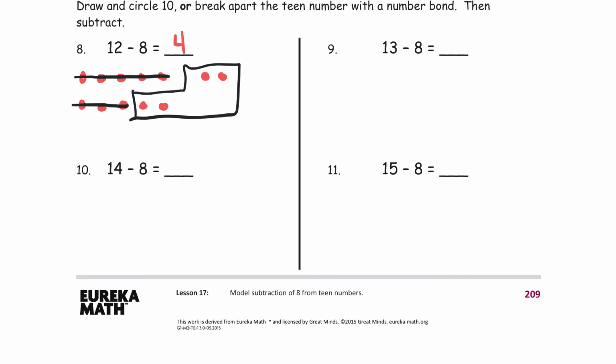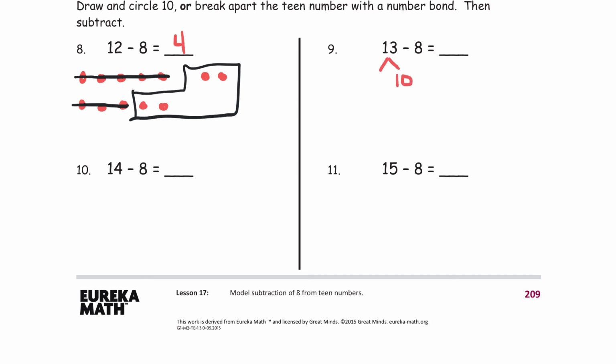All right, boys and girls, for number 9, we're going to be taking 10 out of our 13. Because we talked about earlier, 10 minus 8 is 2. And we're going to then add up what we have left. Here, let me show you what I mean by that. It's basically what we were doing with our 9. You remember with our 9, when we subtracted by 9, we had our mini number bond. We're going to do the same thing here. So I'm going to take 10 out of my 13.